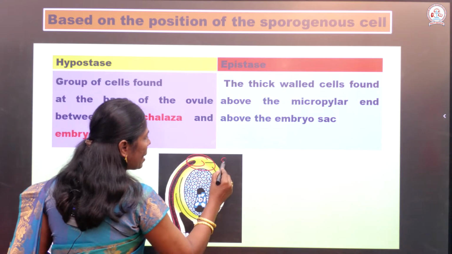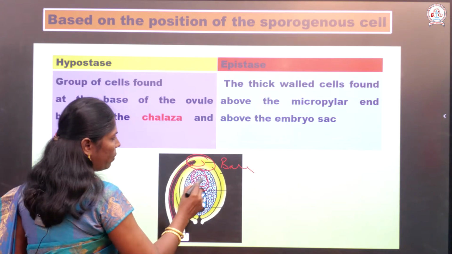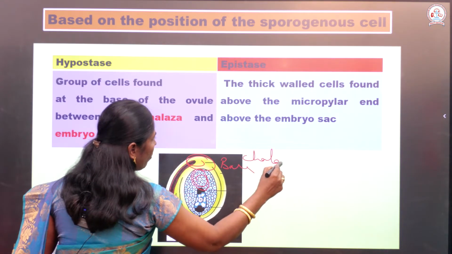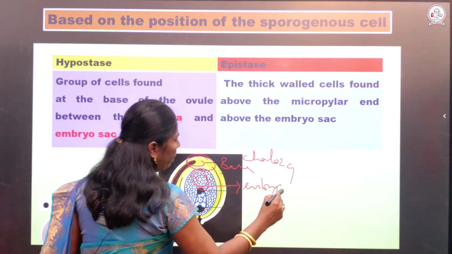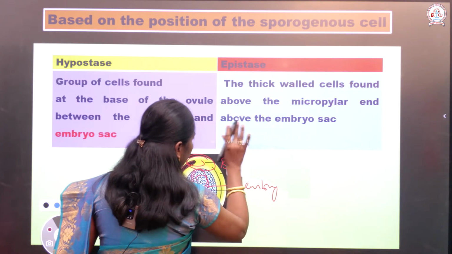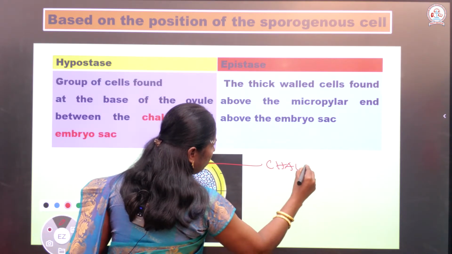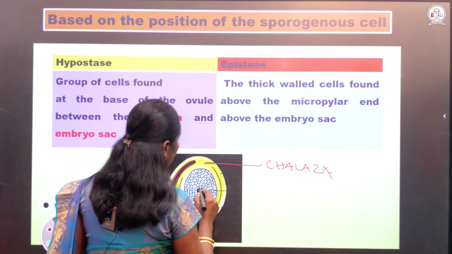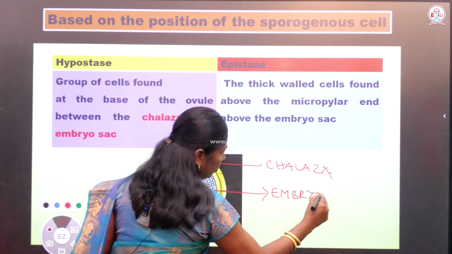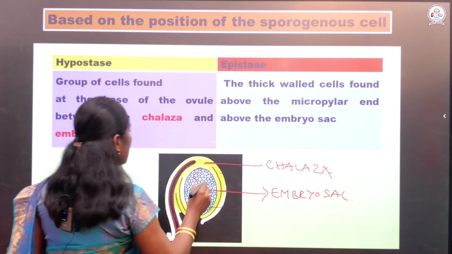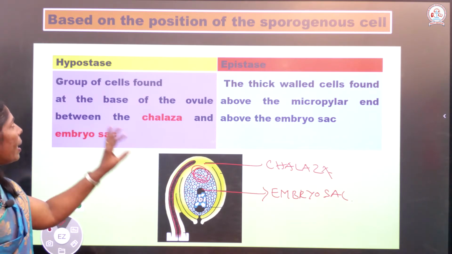The group of cells present between the chalaza and the embryo sac is considered a hypostase.